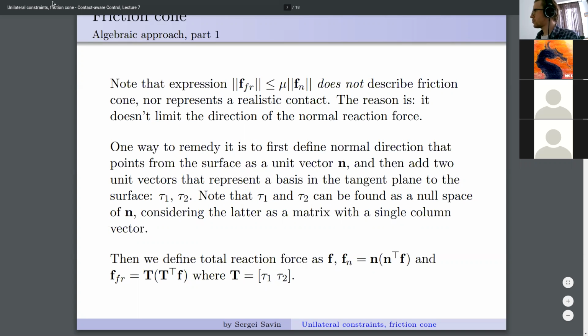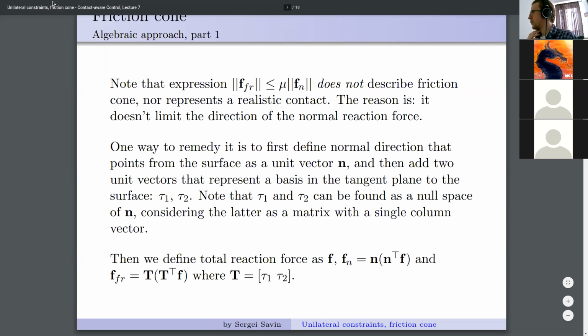So this expression is not enough. So we can actually try to fix it. How do we fix it? Well, we first add a unit vector n, which you can see in the second paragraph on the slide, a bold letter n. This is a unit vector that is normal to the contact surface.